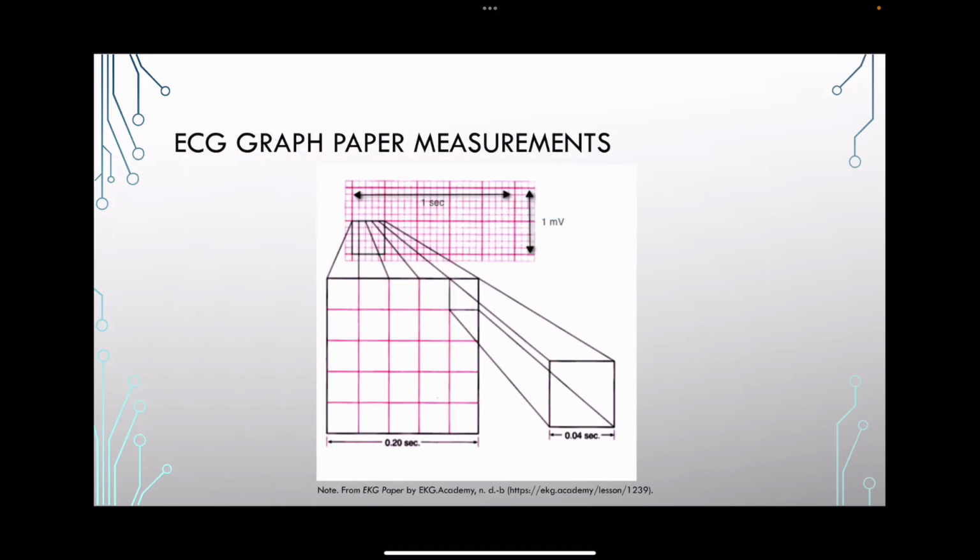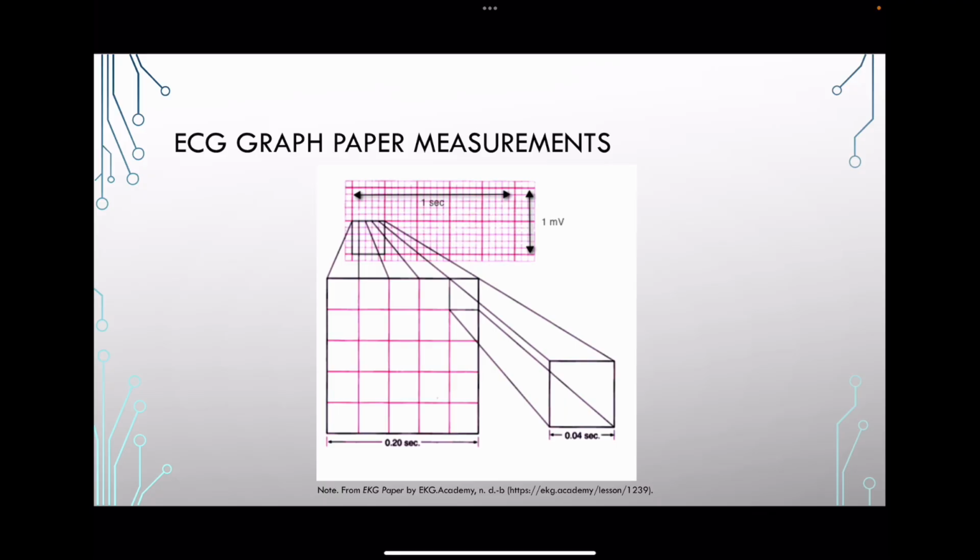All right. So this is where she was talking about in class, where one of the extremely small boxes is 0.04 seconds, 5 boxes is 0.2 seconds, and then 5 large boxes is 1 second.